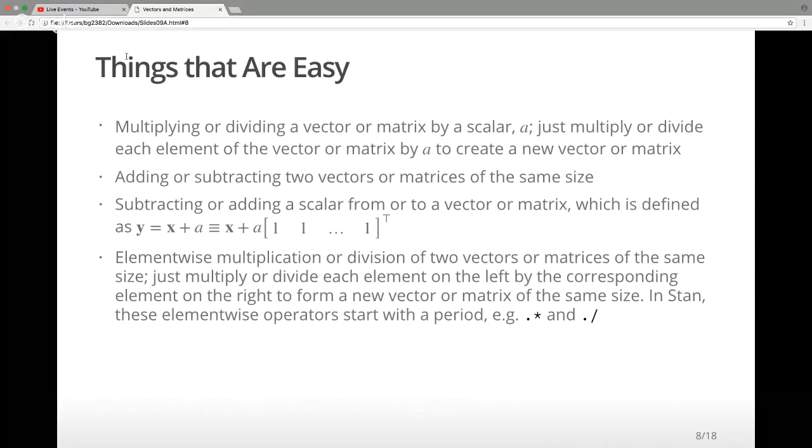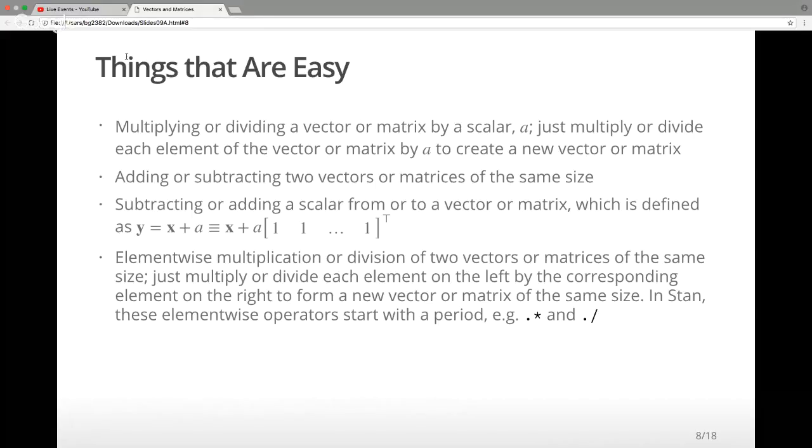But when you say y, the column vector, is equal to x, the column vector of the same size, plus the scalar value a, you're implicitly taking a, multiplying it by a vector of ones that has the same size, and now x and this vector, which is just a, have the same size.